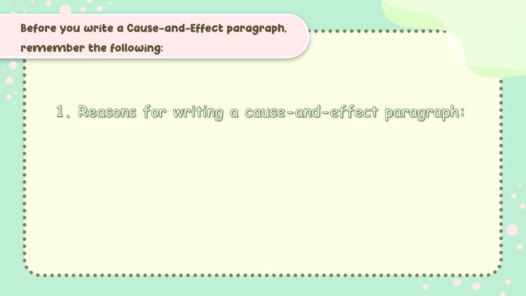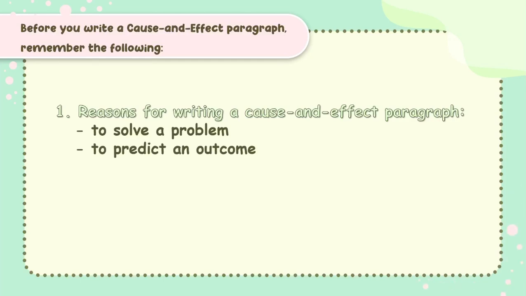Your purpose can be to solve a problem. Example, you want to show the cause and effect of global warming. It can be that at the end, you can state the solution on how to solve or lessen the problem of global warming in the environment.